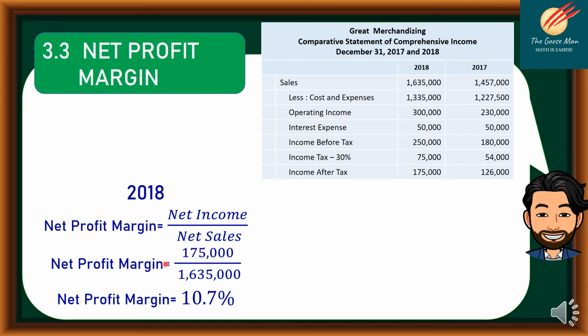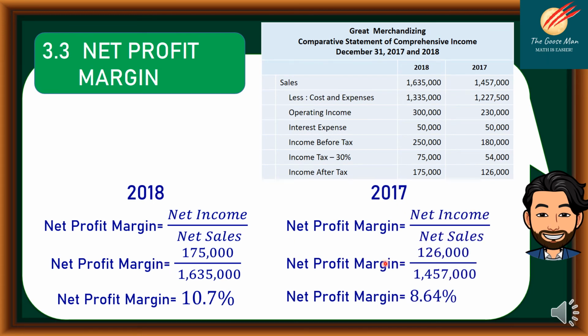On the other hand, for 2017, you have a net income of 126,000. So we have here income after tax divided by your total sales of 1,457,000, or you have a net profit margin of 8.64%. So the result indicates the following.